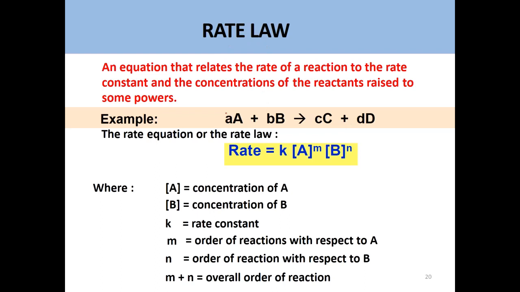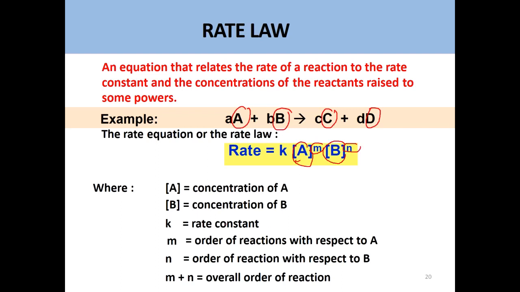For example, we have A plus B to produce C and D. So you can write your rate law as rate is equal to k, concentration of A to the power of m, concentration of B to the power of n.